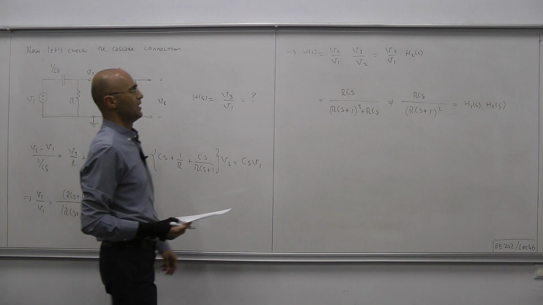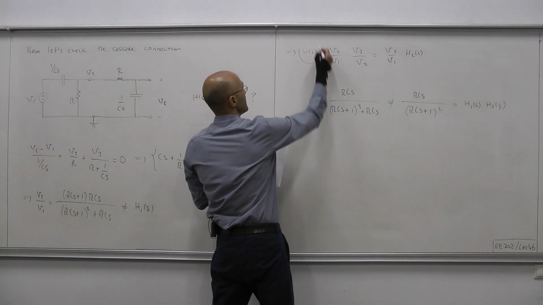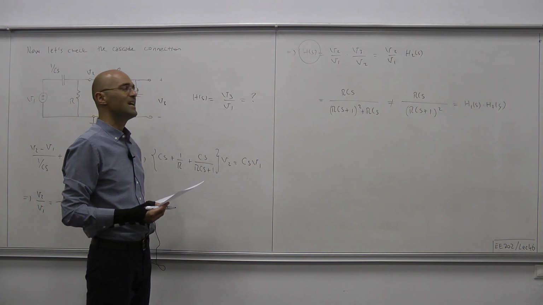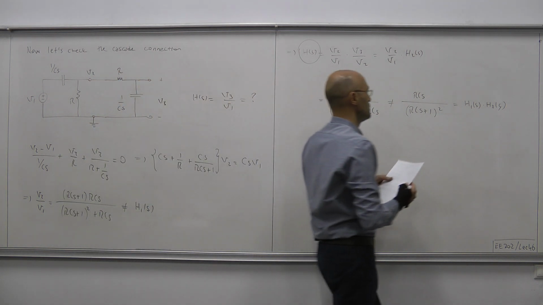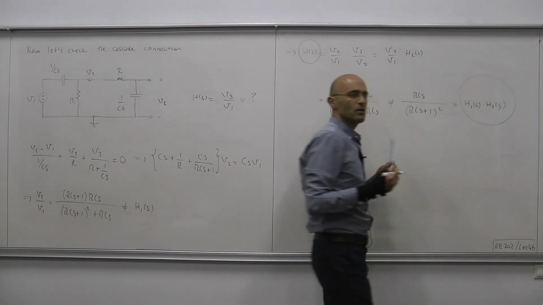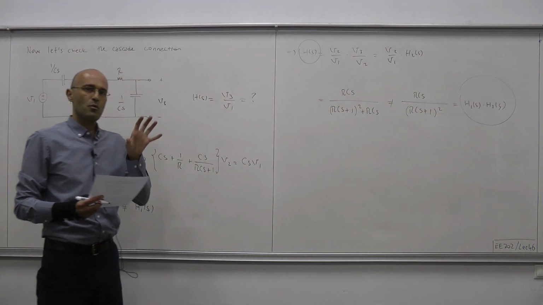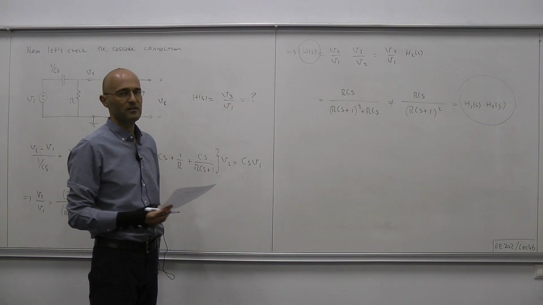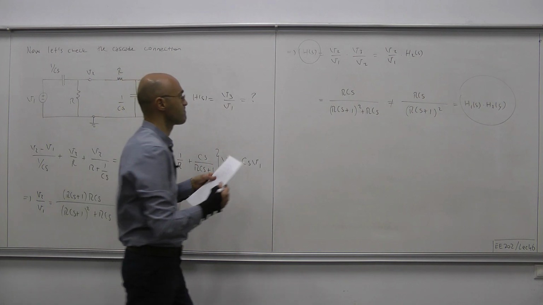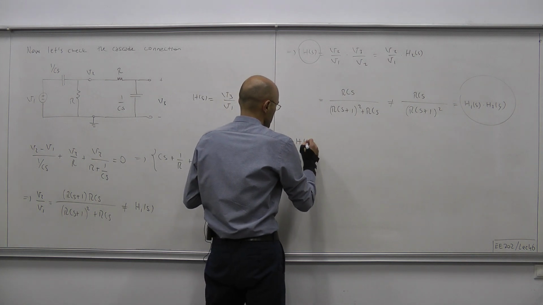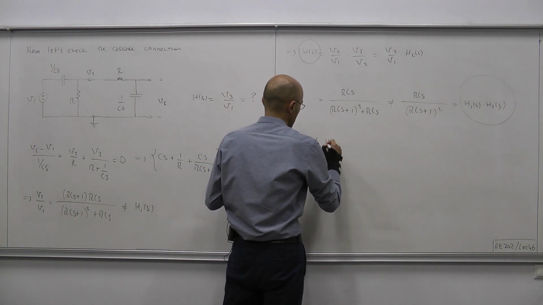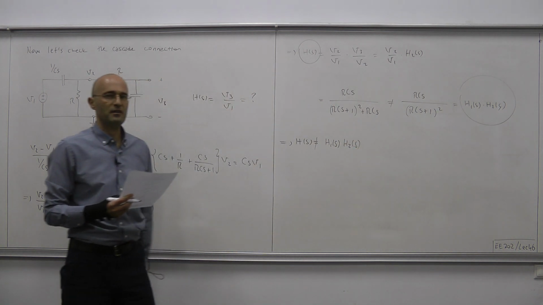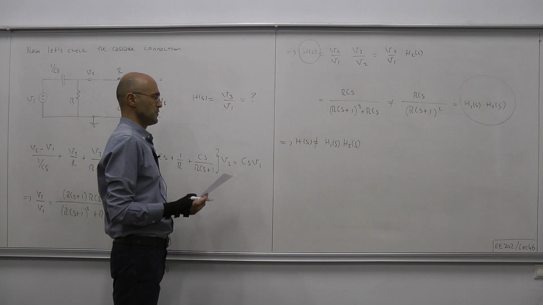Okay, so in summary, the overall transfer function of the cascade connection does not equal the product of individual transfer functions which we obtain when the filters were disconnected from one another. So it does not equal, in general, the product of individual transfer functions.